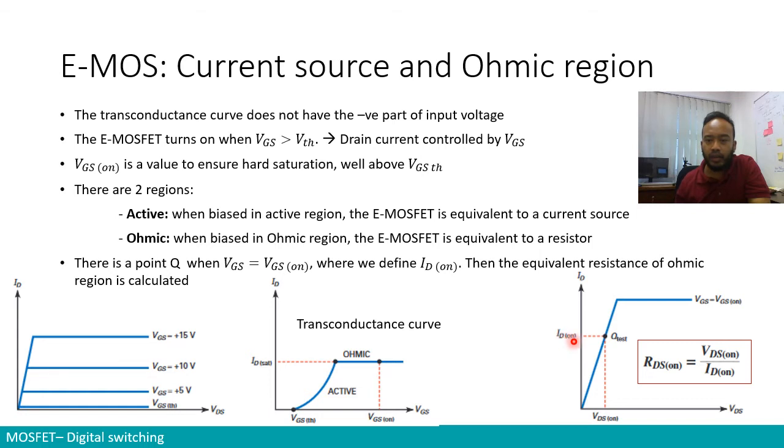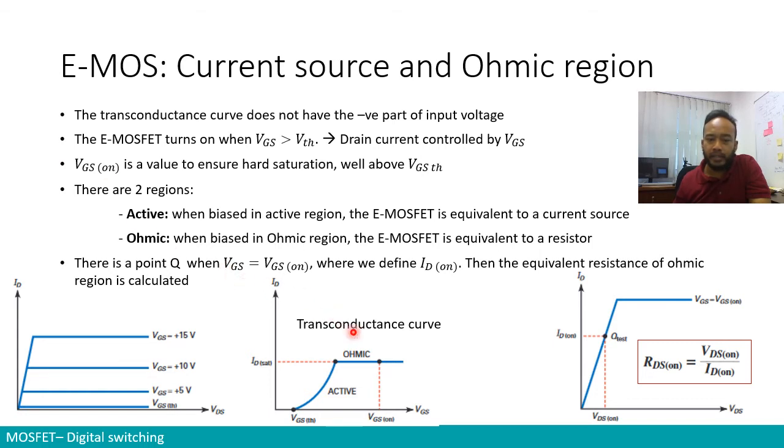When we are at this point, we calculate the equivalent resistance of the ohmic region. So the equivalent resistance RDS on is VDS on divided by ID on. This VDS on is, of course, in the ohmic region.